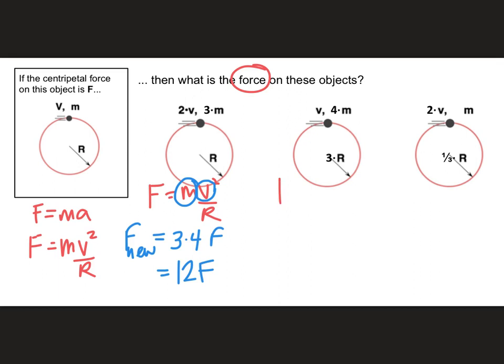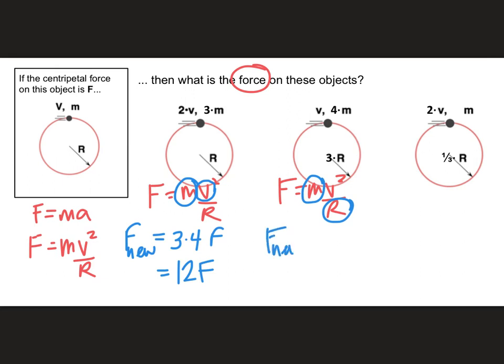Write my original formula down here. Again, some people find that tedious to do, but I think it helps me stay organized. So in this case, the v is not changing, but the m changes by a factor of 4. The r changes by a factor of 3. So let's see what that would look like.